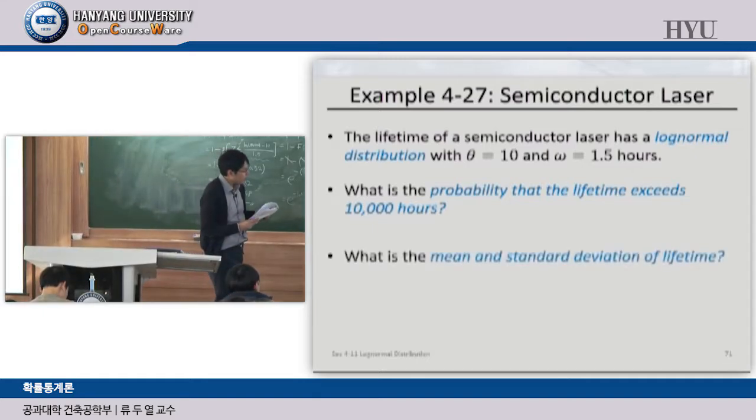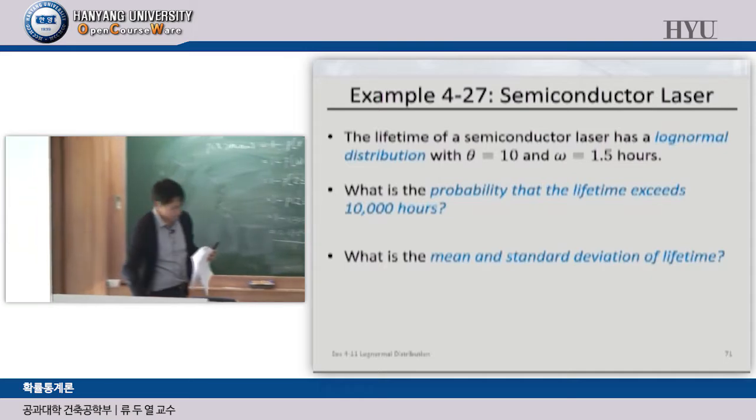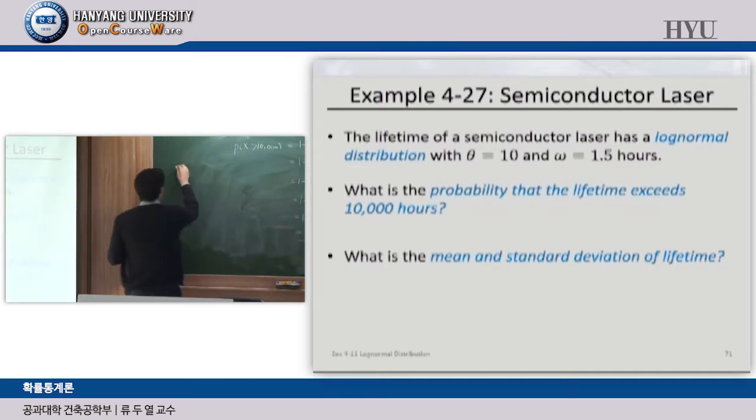And what is the mean and standard deviation of the lifetime? The equation of the mean was exponential of zeta plus w square over 2.